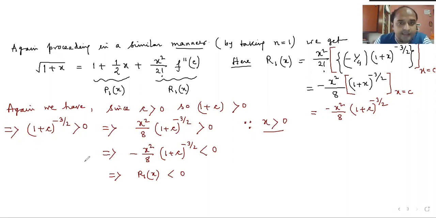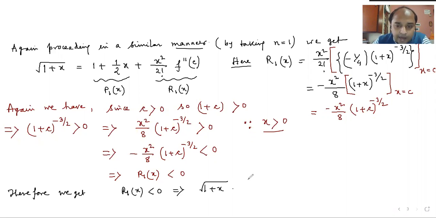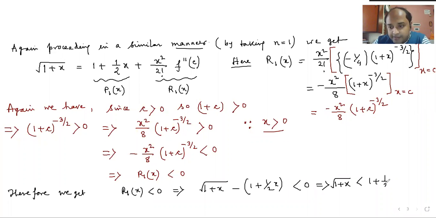Therefore, we get r1x less than 0, which implies 1 plus x under square root minus 1 plus half x is less than 0. And this implies 1 plus x under square root is less than 1 plus half x.